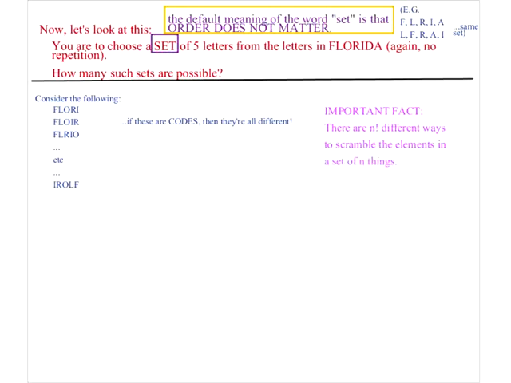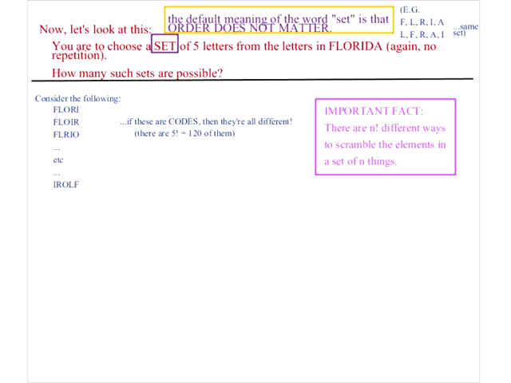If any of you don't know what a factorial is, this exclamation mark looking deal, go ahead and indicate somehow, text box, frowny face, something like that. But this is an important fact. So back to what we're talking about, if those things are codes, then they're all considered different, and there are 5 factorial, which is 120 of them.